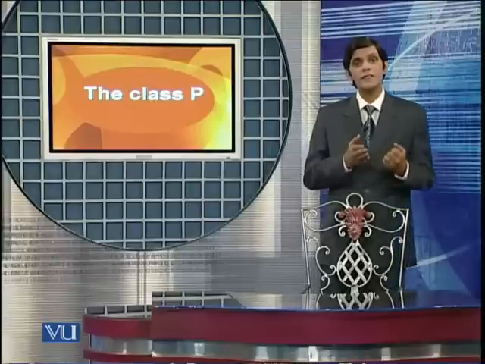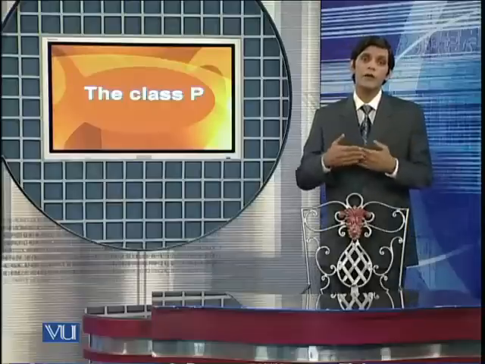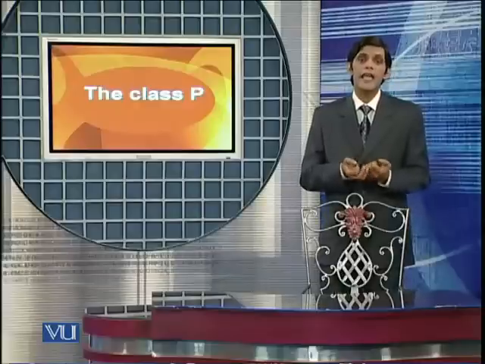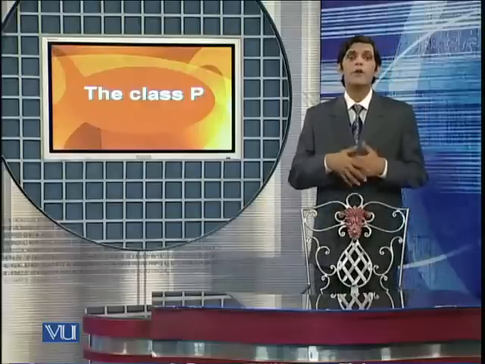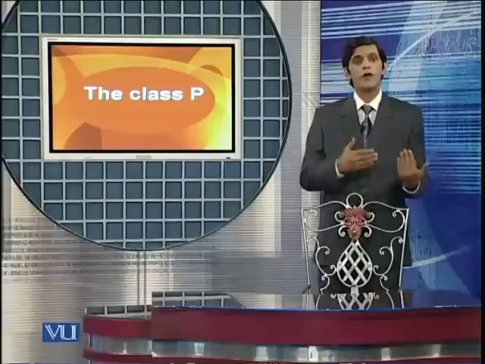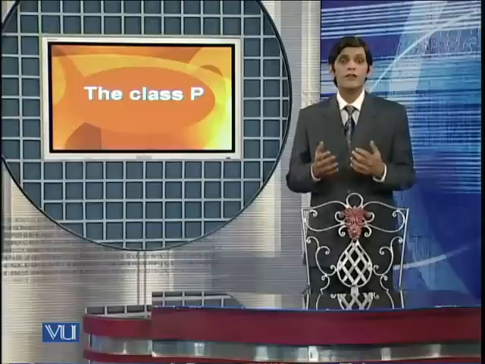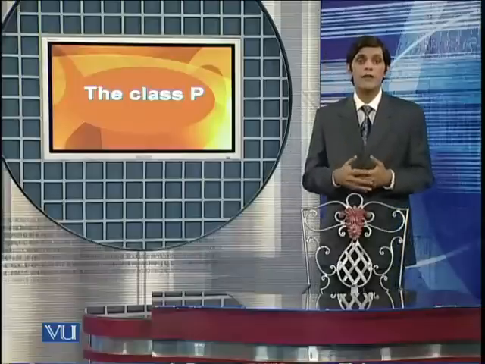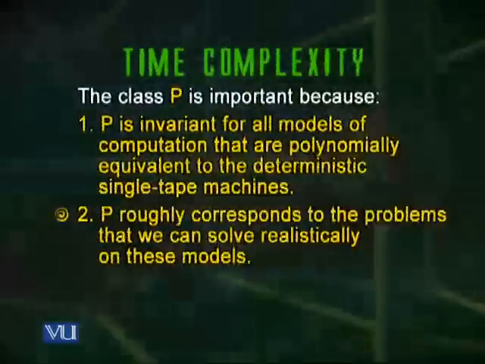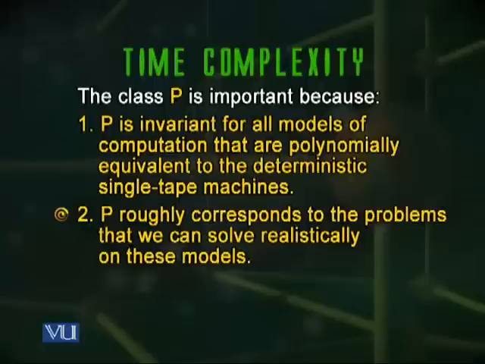Well, there's a constant k such that the Turing machine which you design, equivalent to that Java program, will take time t of n to the k. So there will be only a polynomial blow-up going from one model to another. Therefore, this class P, the set of all problems which we can solve in polynomial time, is invariant under all these models.